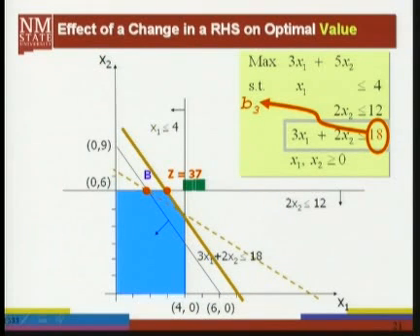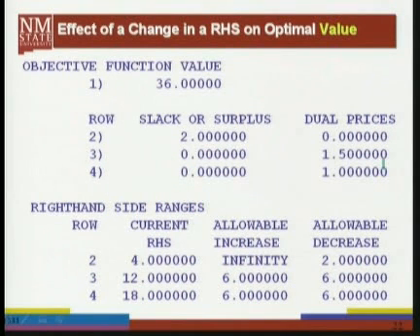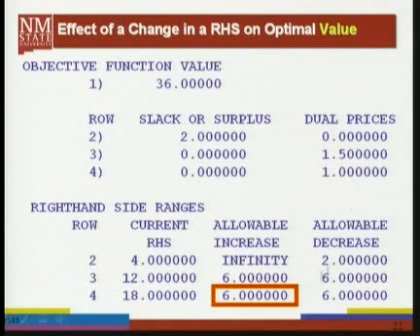And now, let's suppose B3 is increased by 6, okay? So the right-hand side value is increased by 6. So it becomes 24. Then what happened? In this case, the increment of 6 is still within the allowable increase limit, which is 6, right?